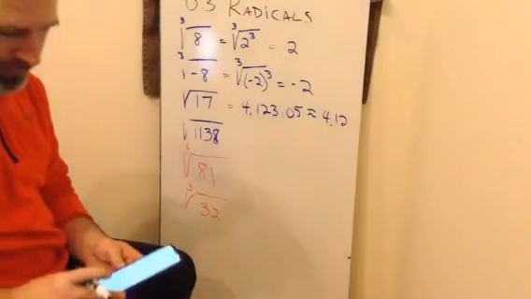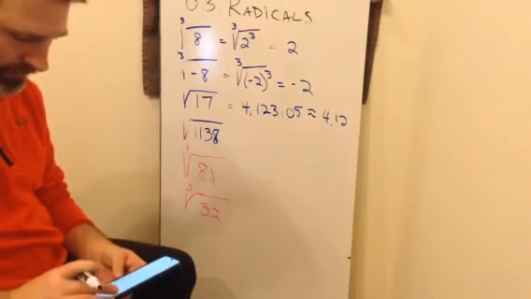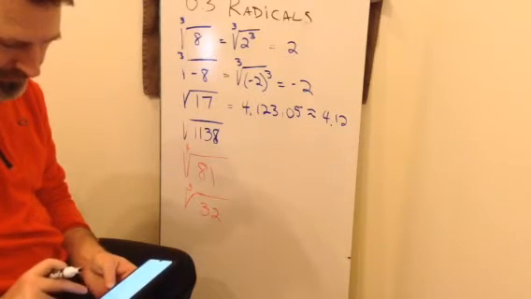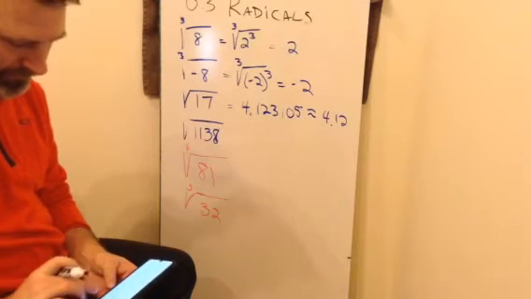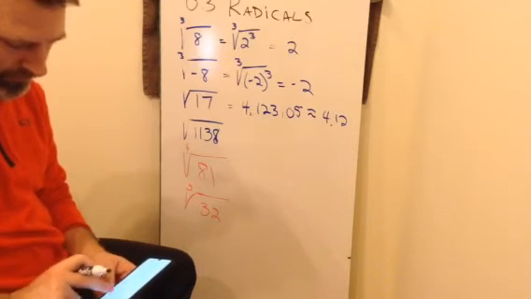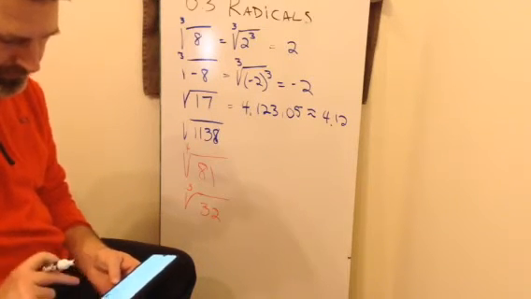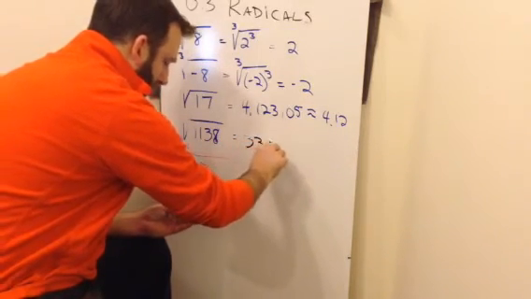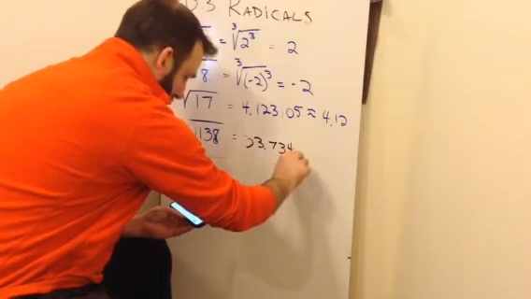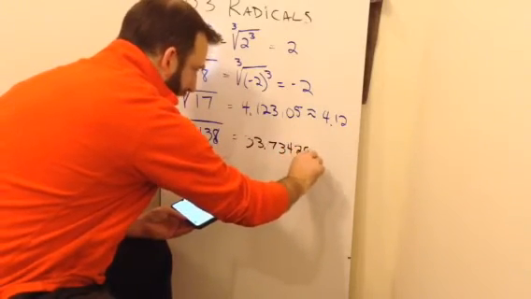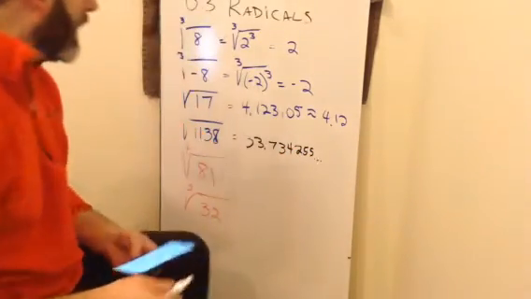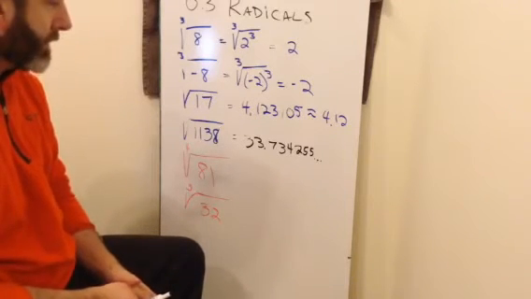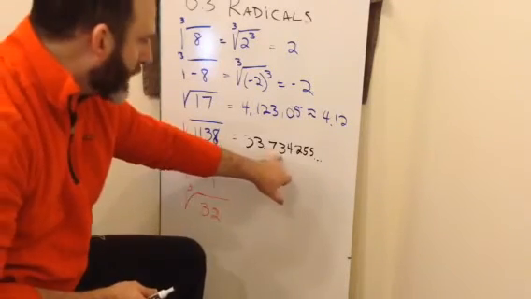So, the square root of 1138 gives me 33.734255, etc. Let's round to 4 places, past the decimal: 1, 2, 3, 4.